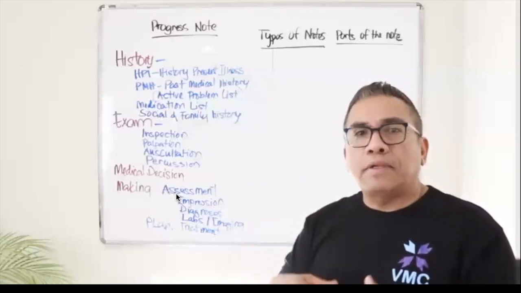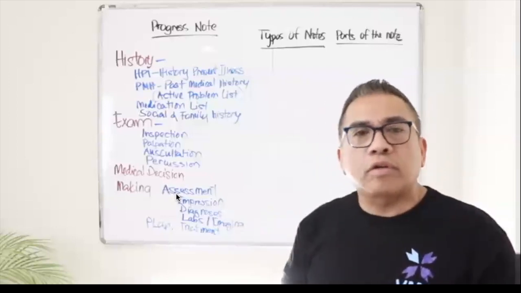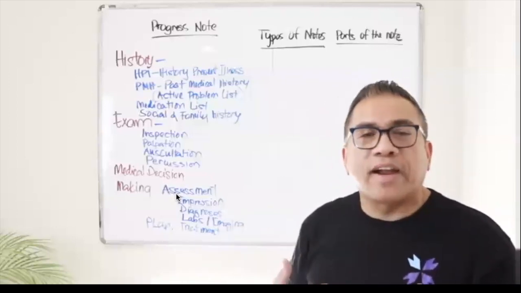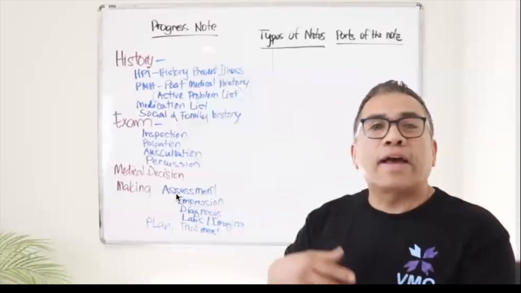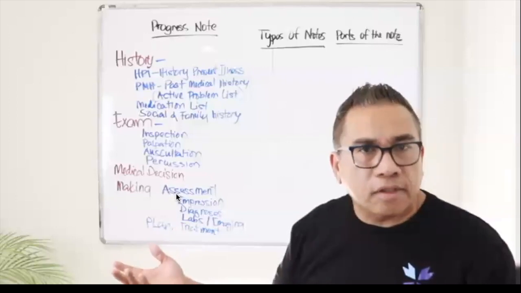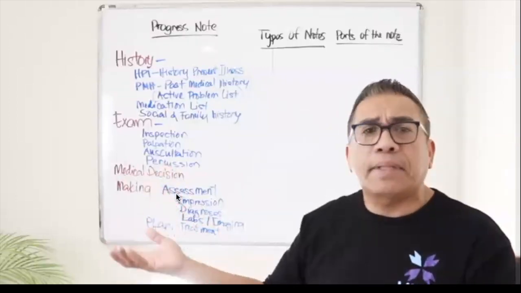If a patient has a weight issue, like I do, a little bit obese, right? The doctor will recommend a weight loss plan, education, or a diet plan for the patient.